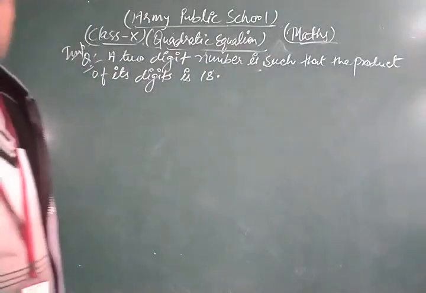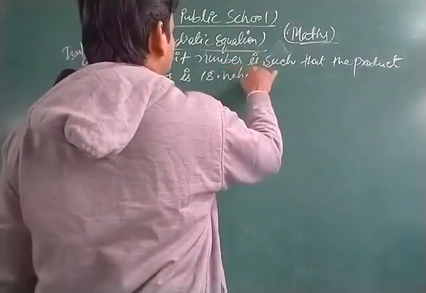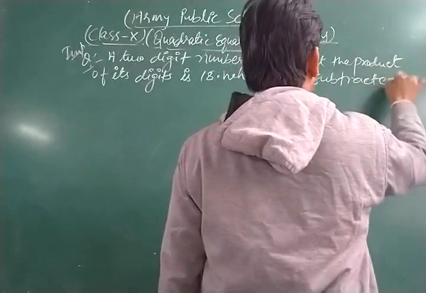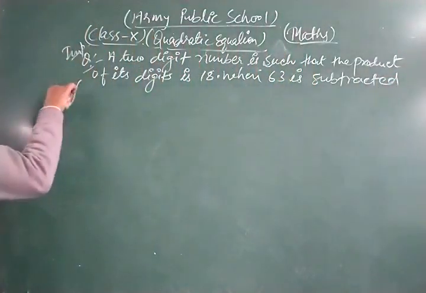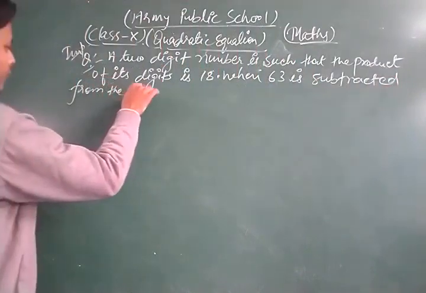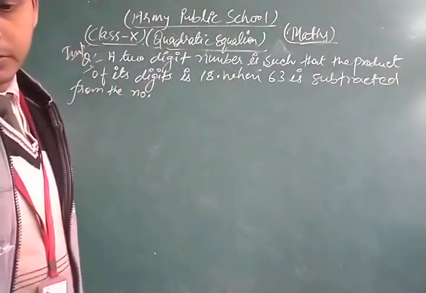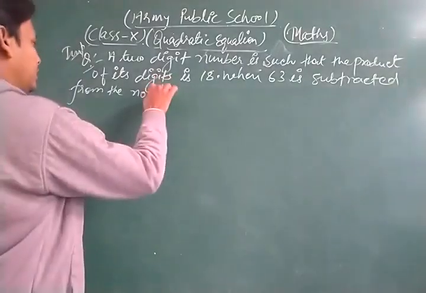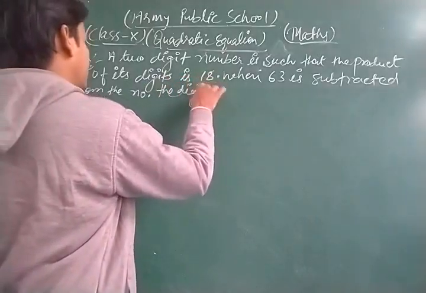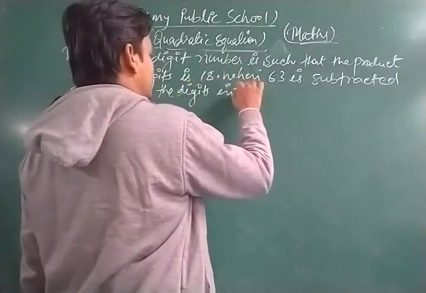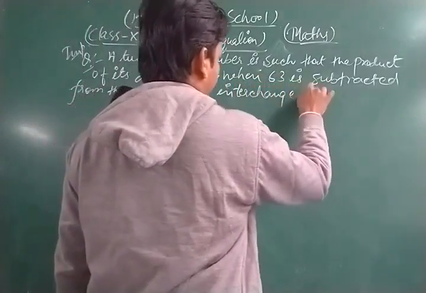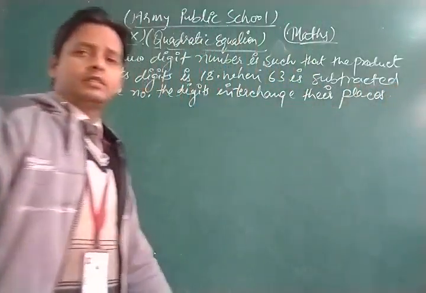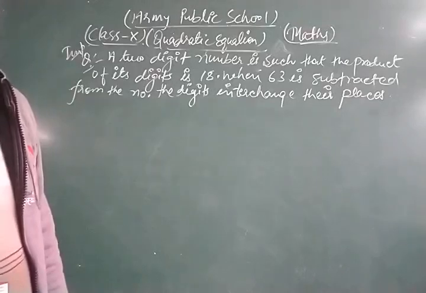When 63 is subtracted from the number, the digits interchange their places. Find the number.